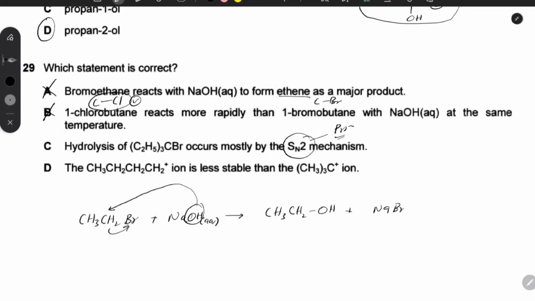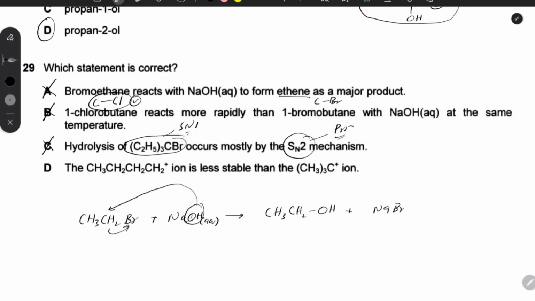Secondary halogenoalkane can give both of these reactions, SN2 or SN1, and tertiary halogenoalkane will always follow the SN1 reaction because it will make a very stable carbocation. That would be the first step, to get the carbocation, and then in the next step a nucleophile will attack the carbocation, and this is how we get the final product. So option C is also incorrect.